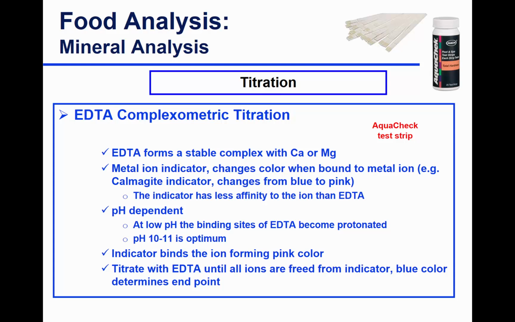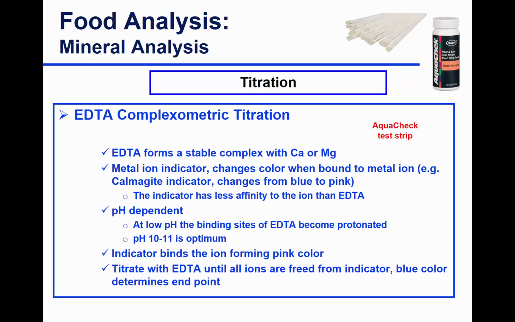So the EDTA complexometric titration is specific for calcium and magnesium. The principle of it, we're going to titrate a sample with EDTA. EDTA has affinity to calcium and magnesium, so it can bind calcium and magnesium, but it will only bind them at really high pH.